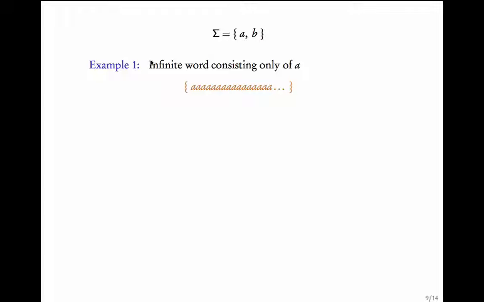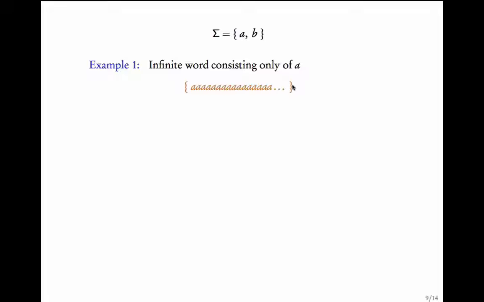Let me look at the infinite word consisting only of A. So this is the word. You can look at it as a function from the natural numbers to A comma B. So at 1 you have A, at 2 you have A, at 3 you have A, and so on. At every position you have an A. This is an infinite word.